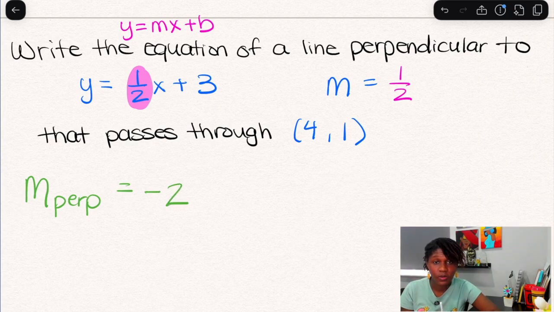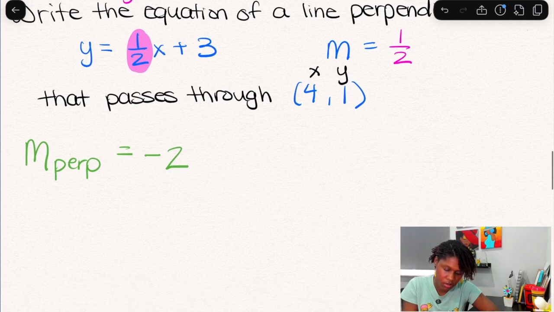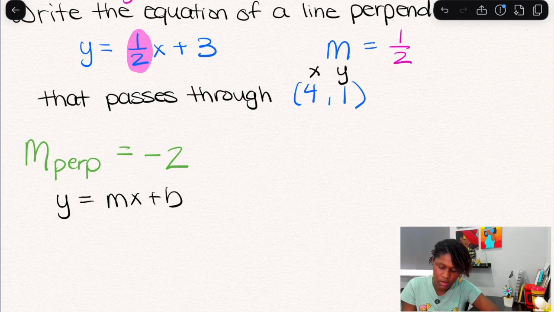Now that I know my slope for my perpendicular line, I'm going to use that point the same way I did with parallel lines. y equals mx plus b. Here's my slope. Here's my x. And here's my y.